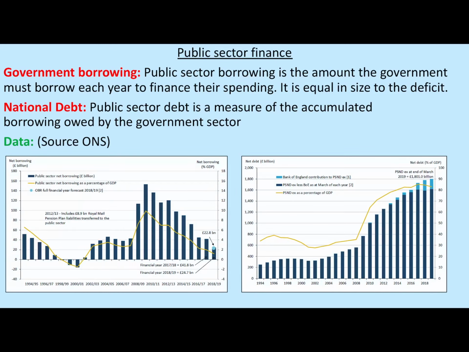So let's have a look at some data quickly. So in the UK, we can see on the left, borrowing in the UK. The UK consistently borrows. This public sector net borrowing, almost all years since the 90s, we've had significant budget deficits. In 2009, this is when we perhaps peak after the financial crisis.